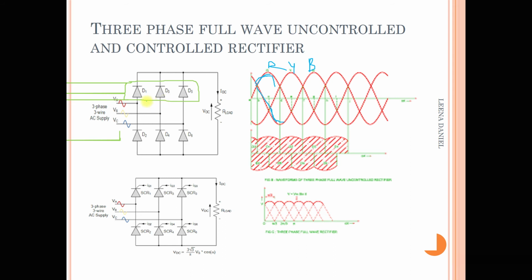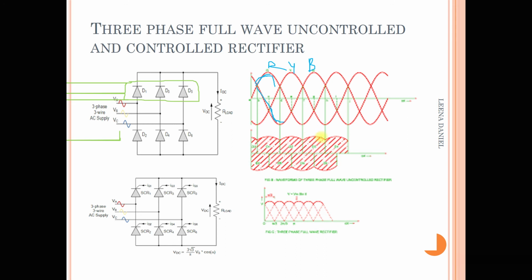So first we suppose D1 and D6 are conducting together, and then D2 and D3 would conduct together, and then likewise the conduction would take place and we get the full wave across the output.